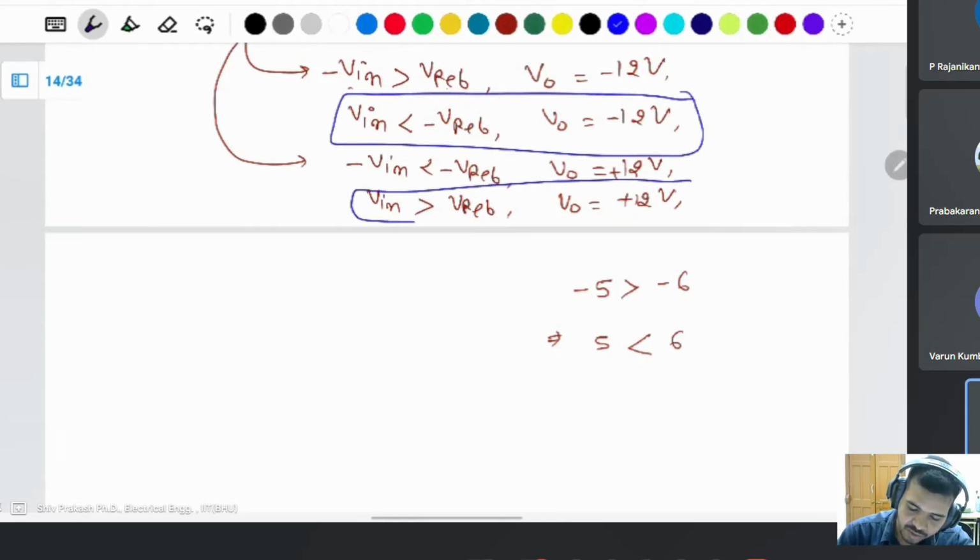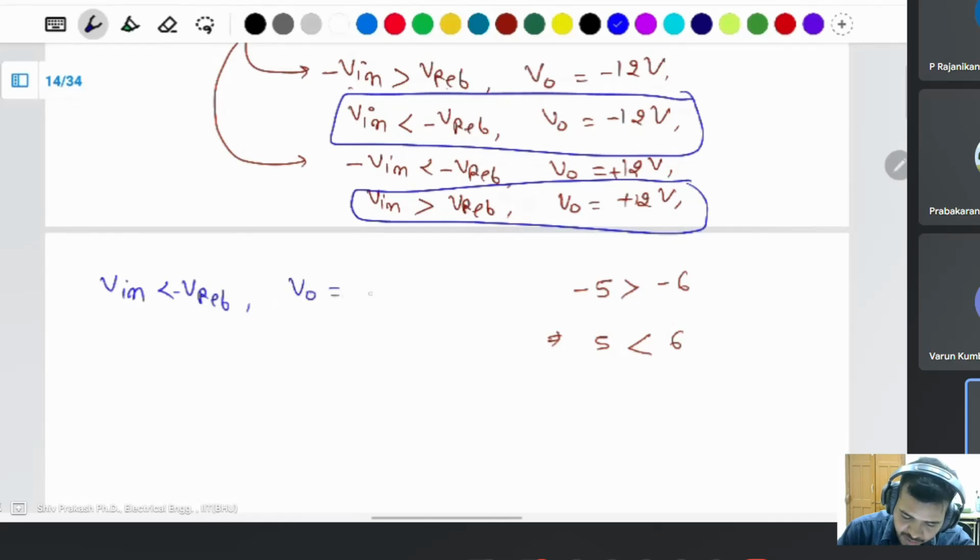Take these two: V in less than minus V reference, then output voltage is minus 12 volt. If V in is greater than the V reference, then output voltage is 12 volt.